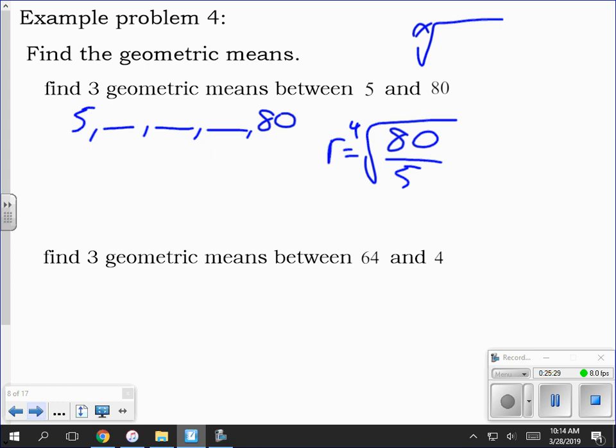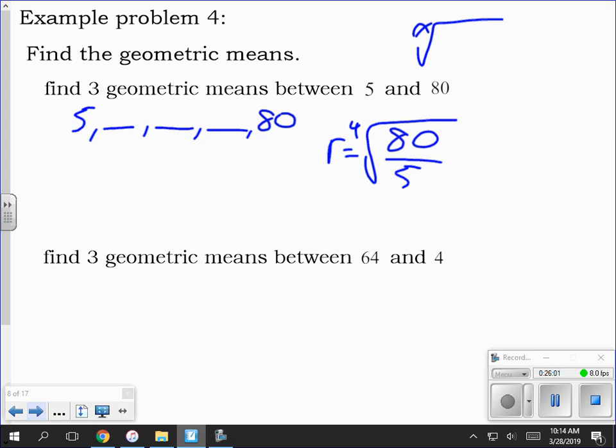Now, if you're typing it in all at once, hit 4, hit the root button, parentheses, 80 divided by 5. Wait, 4? Because you're doing the fourth root. Put parentheses around the 80 divided by 5, because if you don't, it's going to take the fourth root of 80 and then divide that number by 5. Your calculator does exactly what you tell it to do.